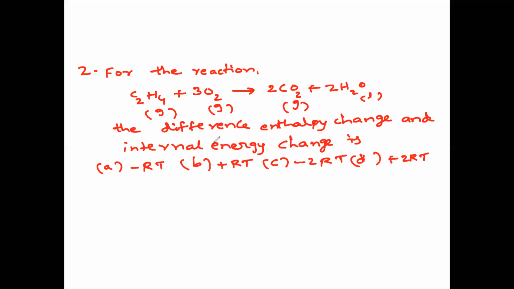Now, instead of asking the difference between heats of reaction at constant pressure and constant volume, they ask: the enthalpy change is at constant pressure and the internal energy change is at constant volume, as I already told you.